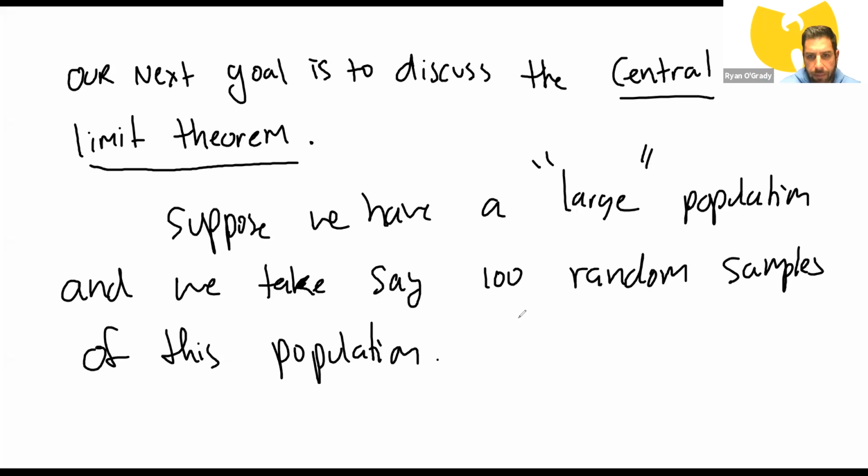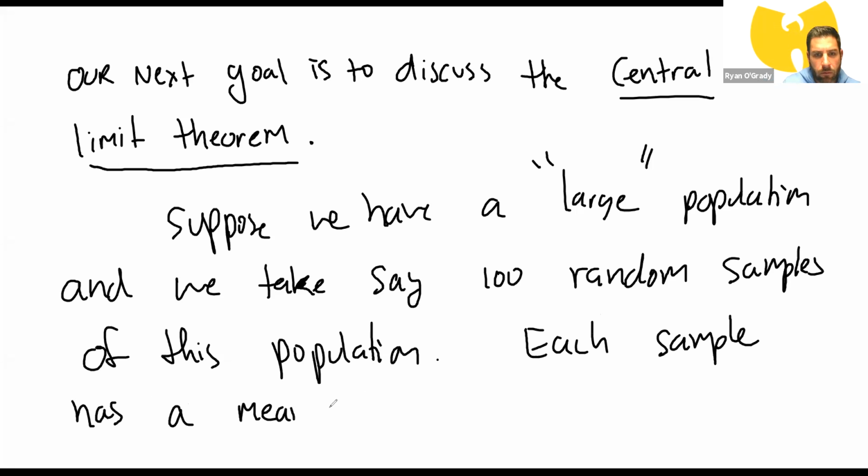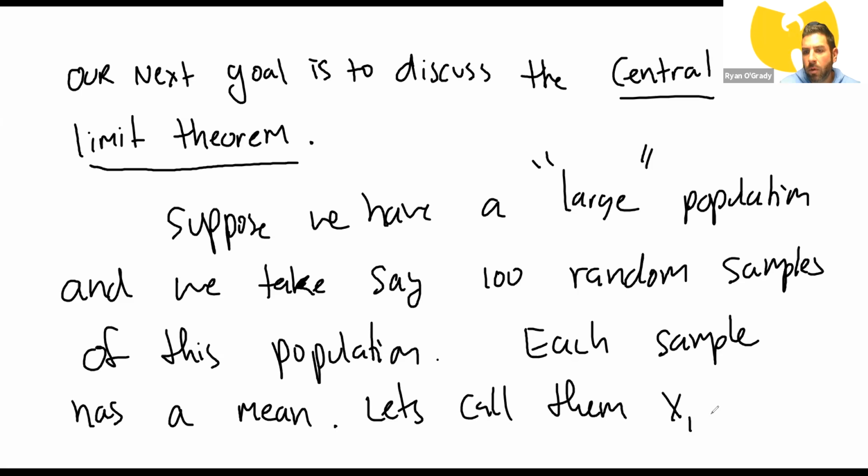So one way to think about this is each sample has a mean. So let's give them names. Let's call them X sub 1, X sub 2, all the way up to how many are there? There's 100. I don't know a better way to list a generic 100 things than to use this sort of notation.